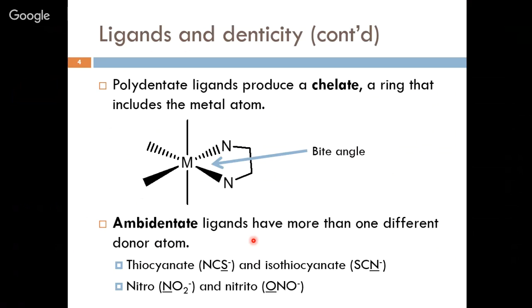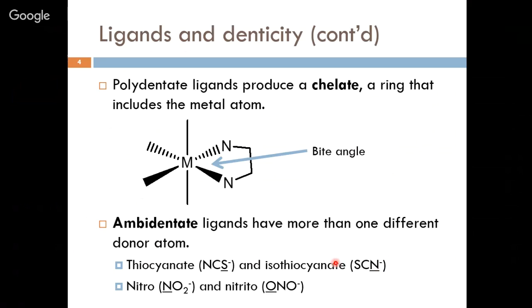Ambidentate ligands have more than one donor atom. So thiocyanate and isothiocyanate are ligands that you probably encountered in general chemistry. It's called thiocyanate if it binds through the sulfur, which is at one end, and isothiocyanate if it binds through the nitrogen at the other end.